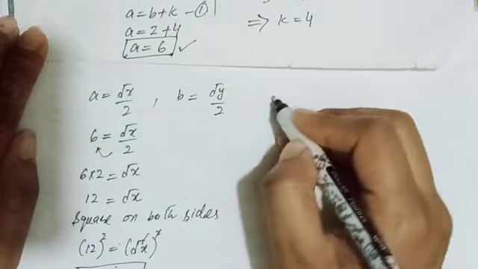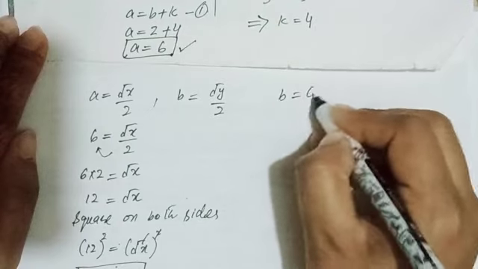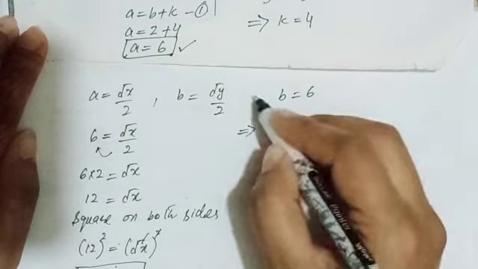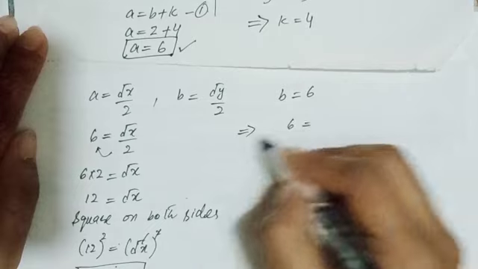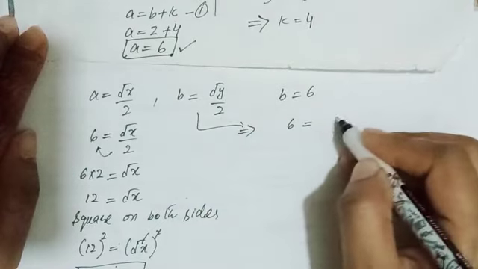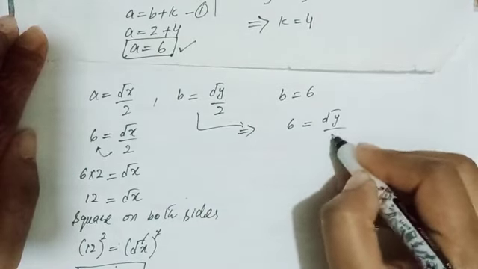So as b is equal to 2 here, this implies that 2 is equal to square root y by 2.